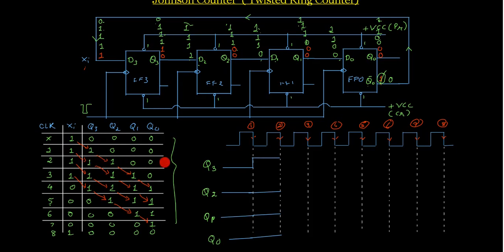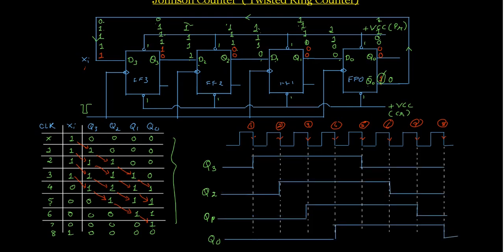Now at the end of the third negative edge, Q3, Q2, Q1 are all high, but Q0 is 0. And for the rest of the clock pulses, if we draw, then your complete waveform will be like this.